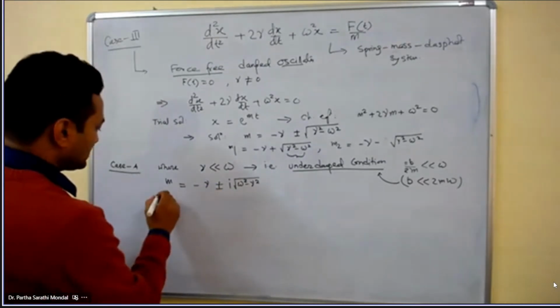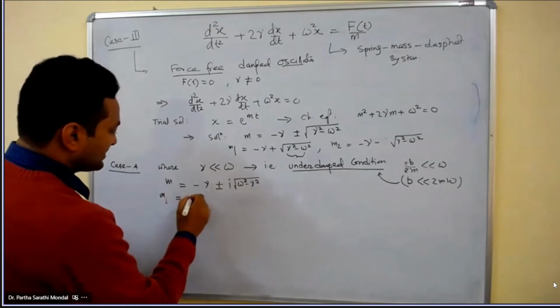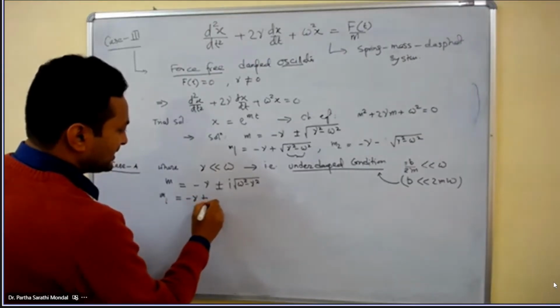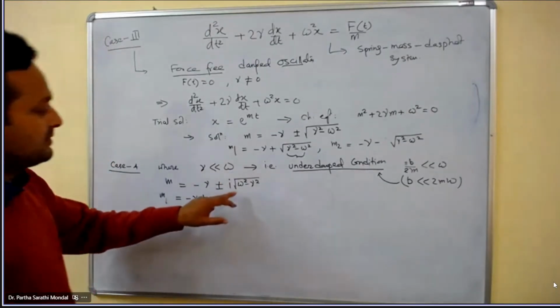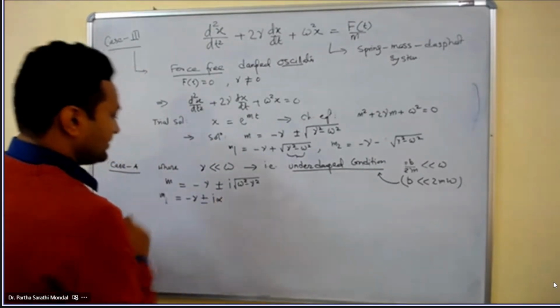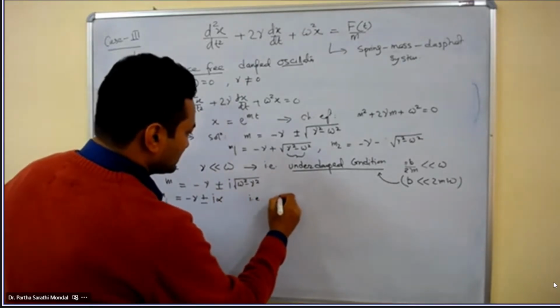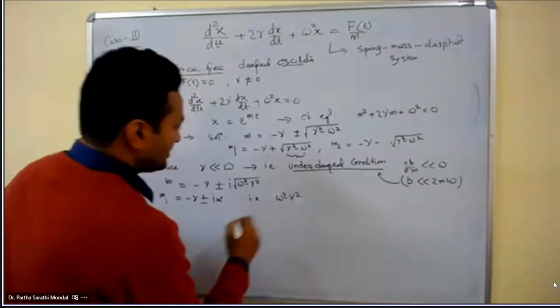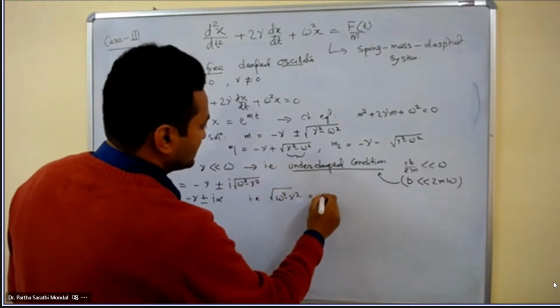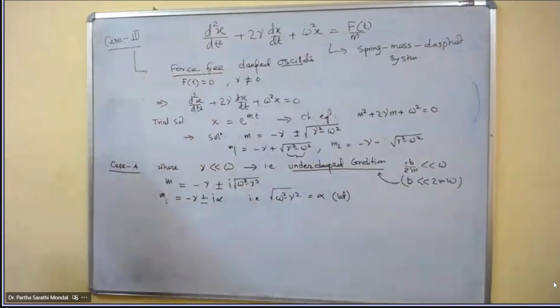Now you can write m equals minus gamma plus minus i alpha, where root over omega square minus gamma square equals, let's say, alpha, just to make it very simple.